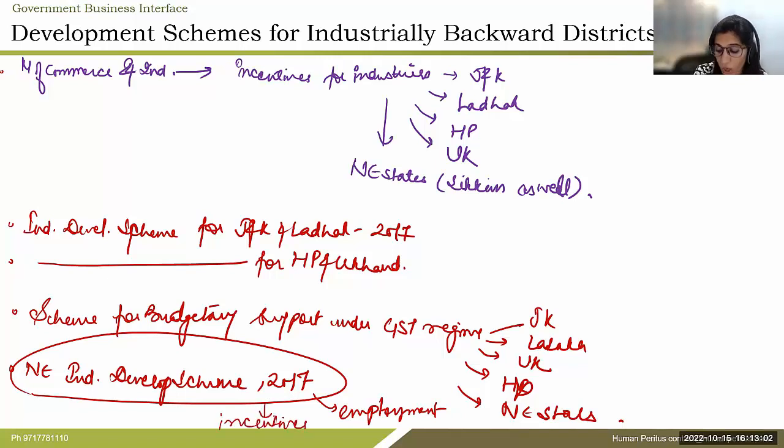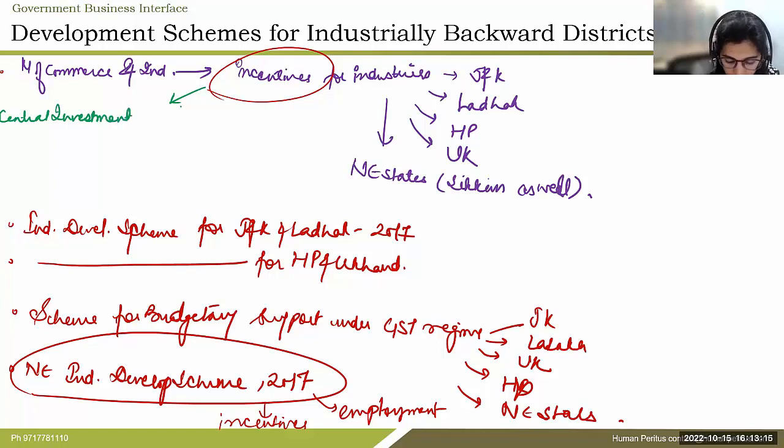Now, what kind of incentives am I talking about? These incentives are in terms of central investment incentive, or we can say interest on loan incentive.